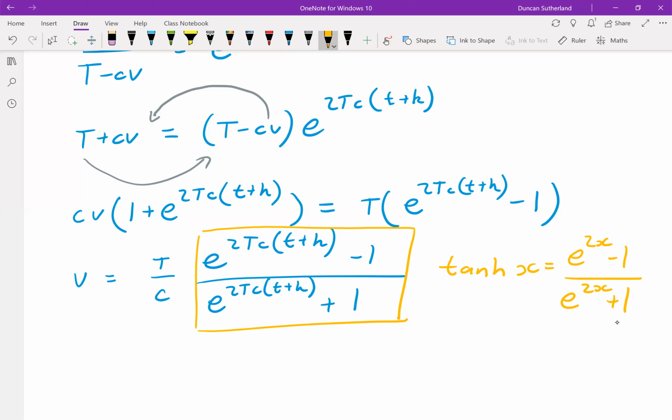Okay, so I've even got this factor 2 in there.